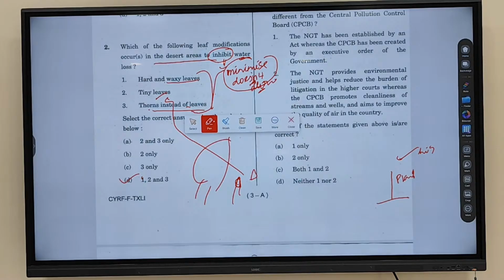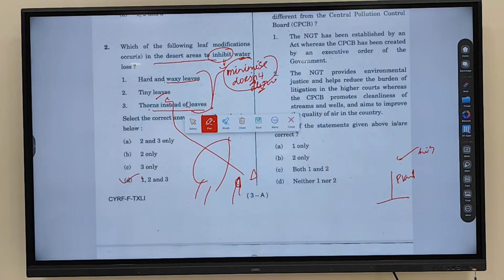Which region is known as the rainforested region? Equatorial region. Which is known for deciduous forest? Tropical monsoon type of climate. What is the main characteristic of the savanna type of climate? Scattered trees and tall grasses.